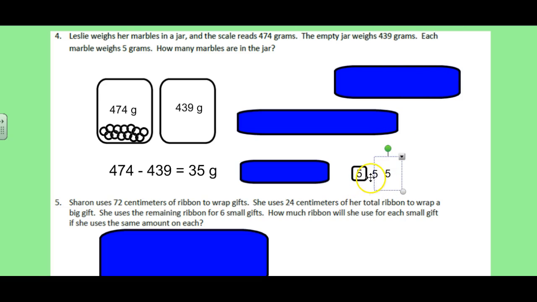So far I've got 5, 10, 15. I want you to do this on your paper. Keep adding 5 grams to represent one marble. And you're going to be stopping at 35 grams because that's going to tell you how many marbles are in the jar. So complete this drawing on your paper to see how many marbles are in the jar. Pause to do that.